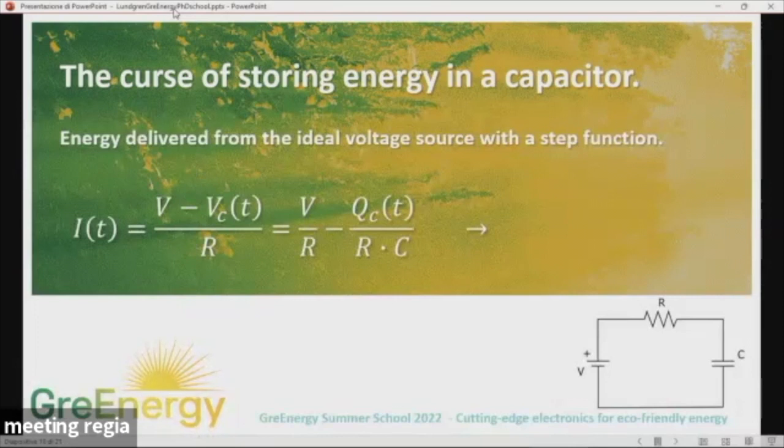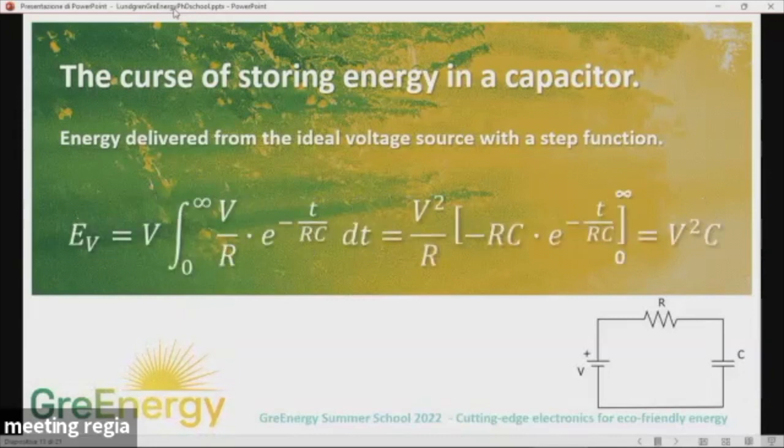And the voltage over the resistance is the DC voltage on the left-hand side minus the voltage over the capacitor, which at the beginning is 0, but then it's gradually increasing as we charge the capacitor with the charge QC. And so with this kind of equation, we would get a description for the current as exponentially decreasing. So it would be a high current to begin with, and then it would approach 0 with the time constant equals to the RC time constant.